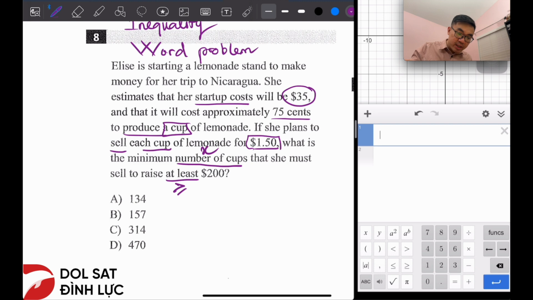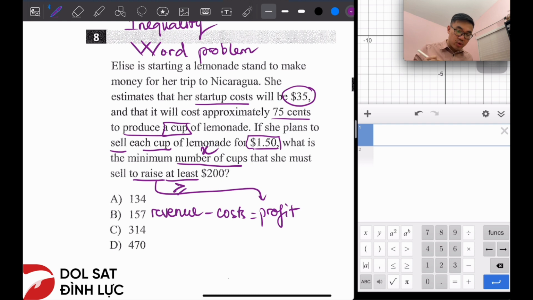To find the raised amount of money, that equals the profit. We need the revenue, and revenue minus the costs equals the profit. So we just need to set up an inequality for revenue minus costs, and that has to be greater than or equal to $200.